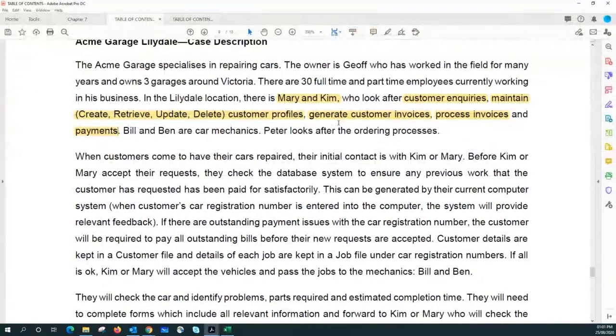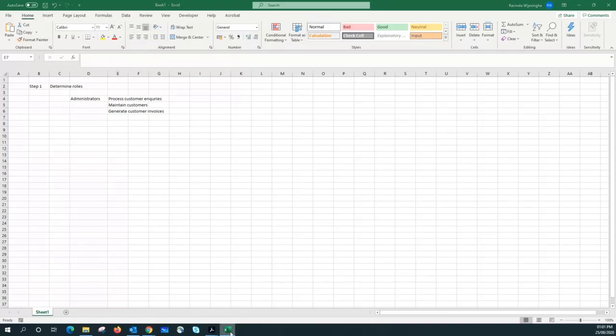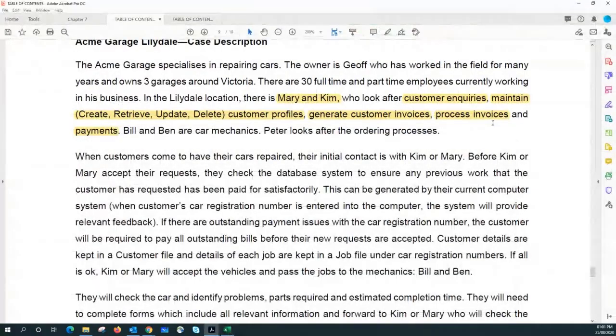And then what else? They generate the custom invoices, right? Okay, generate custom invoices. And then process invoices and process the payments.